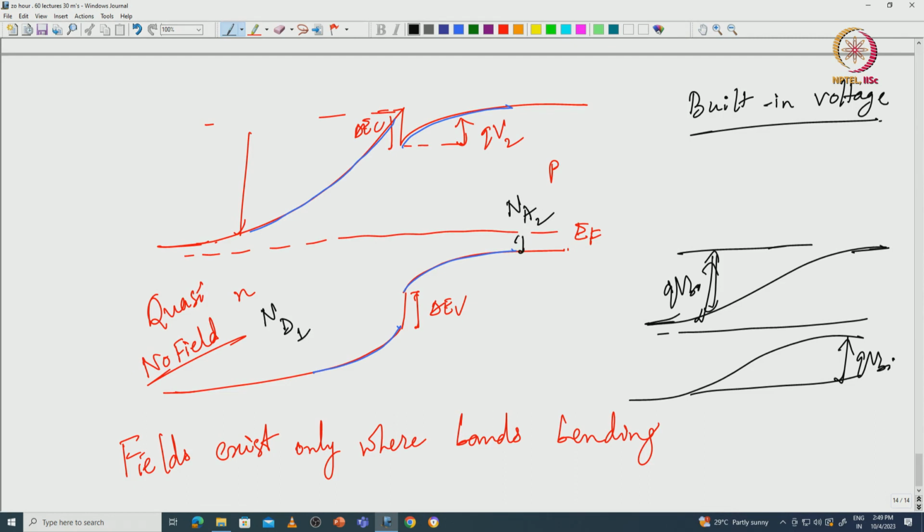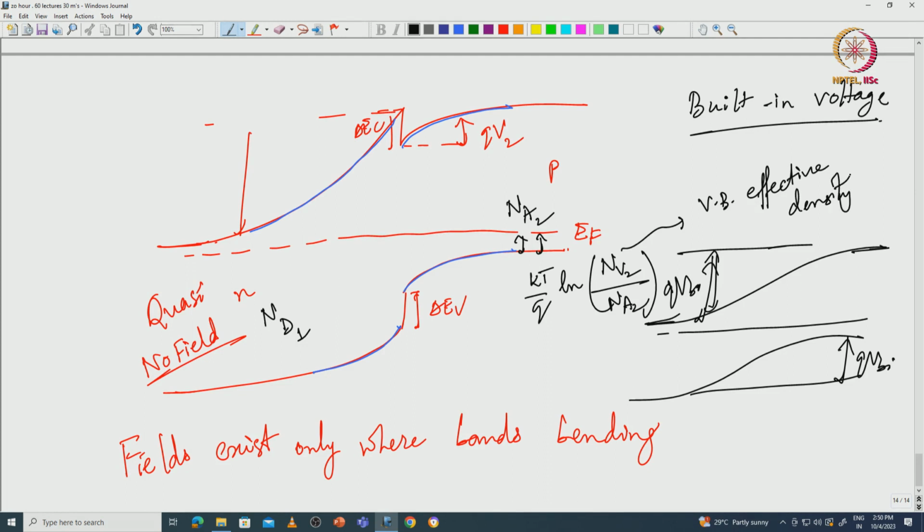So, this gap between the Fermi level and the valence band on the neutral side is given by kT by q ln of Nv2 divided by Na2, where Nv is the valence band effective density of states. These are known from your basic semiconductor device class. The effective density of states in the valence band Nv2 is a material property and it is provided to you, or you can find it out if you know the effective mass, and Na2 is the doping of the semiconductor. So, this quantity is known.